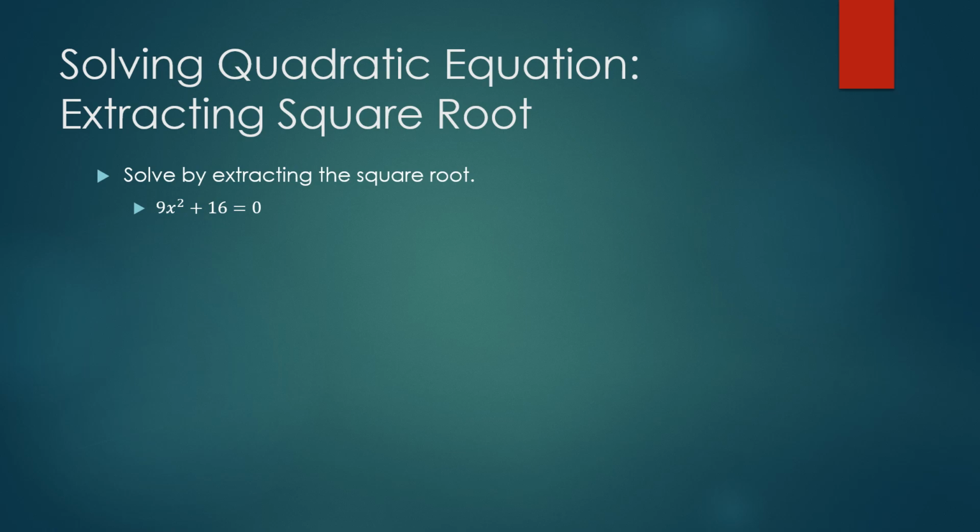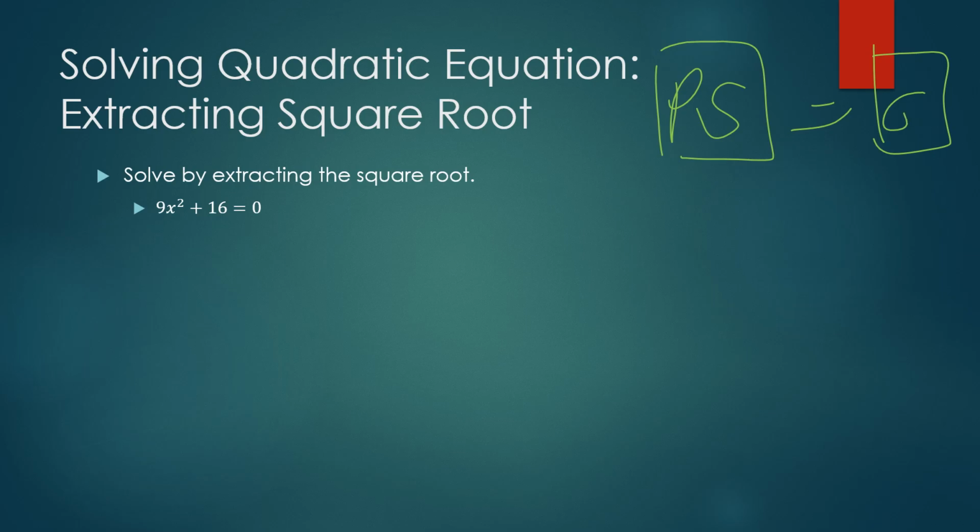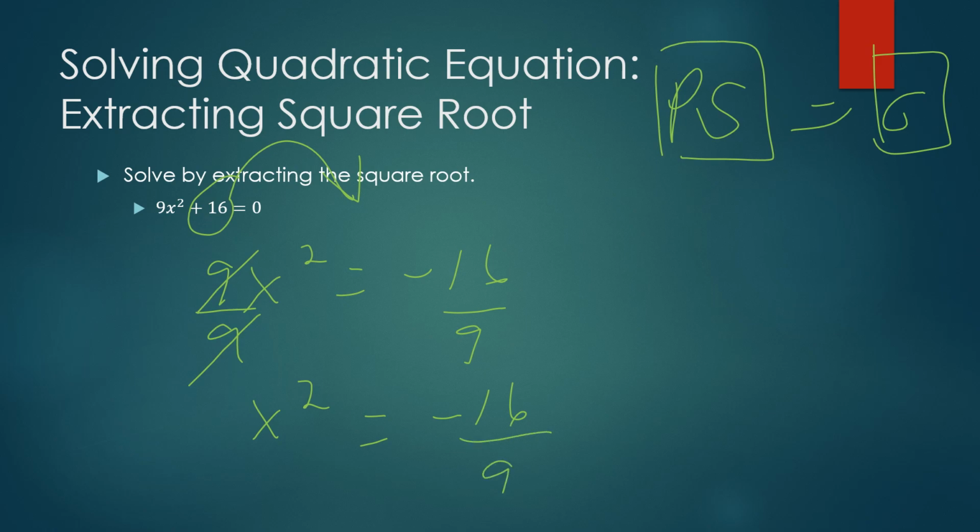Again, be reminded that you must have a perfect square here and another constant here. So let's move this away by transposing it to the other side. We'll have 9x squared equals negative 16. We can divide both sides by 9. So 9 divided by 9 is 1. We'll have x squared equals negative 16 over 9.